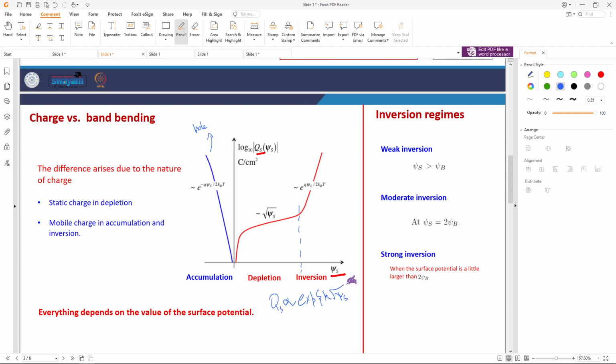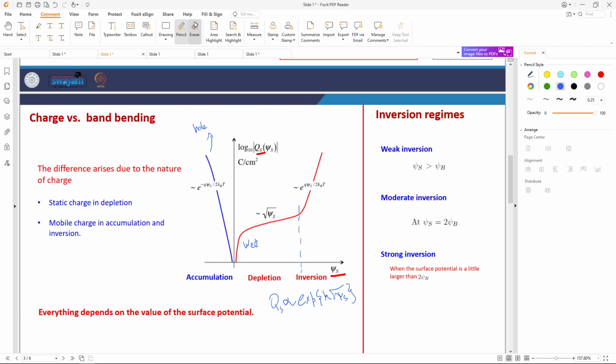So that is what this graph means, because this is the log here. If this has a square root dependence, that means it is e to the power that. And over here, the graph will slowly become linear, which implies there is a proper exponential dependence after strong inversion is achieved.